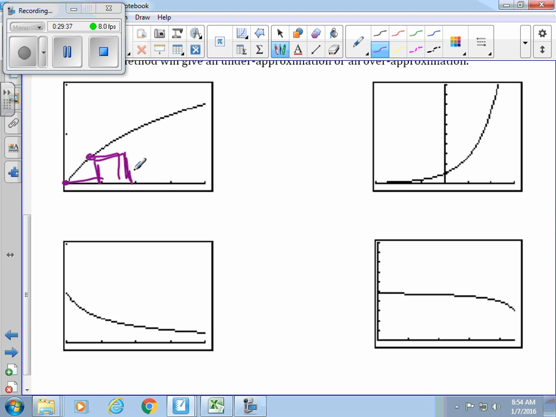However, on an AP problem, they may throw in something in the wording that said f of x is always increasing. It may be a table problem. And that's where knowing this can help you pick out an answer and say, oh, f is always increasing, so LRAM is an under approximation. Midpoint is going to be different for each one. You're going to have to draw a midpoint to find out. So it's not asked on AP very often.